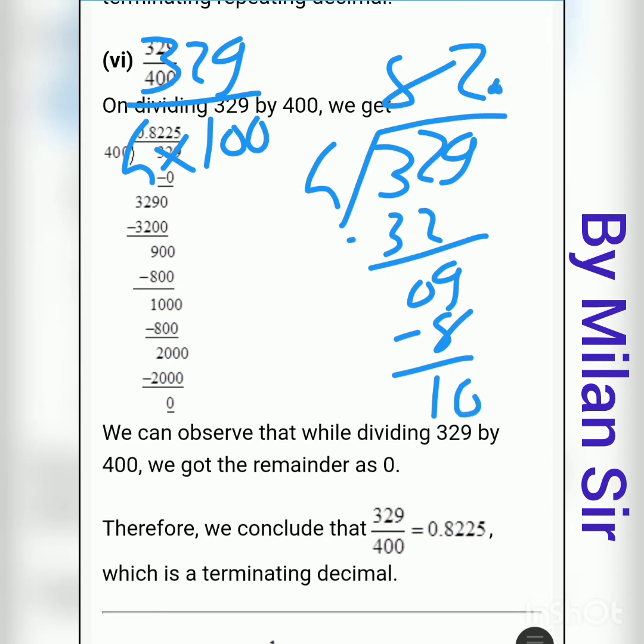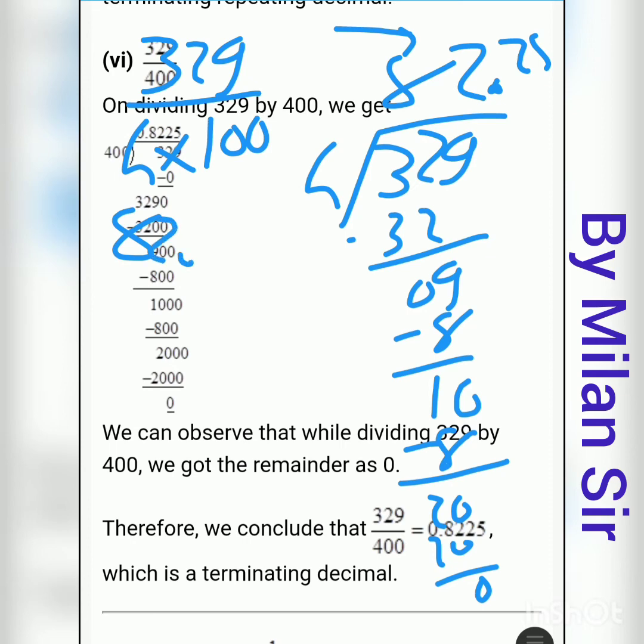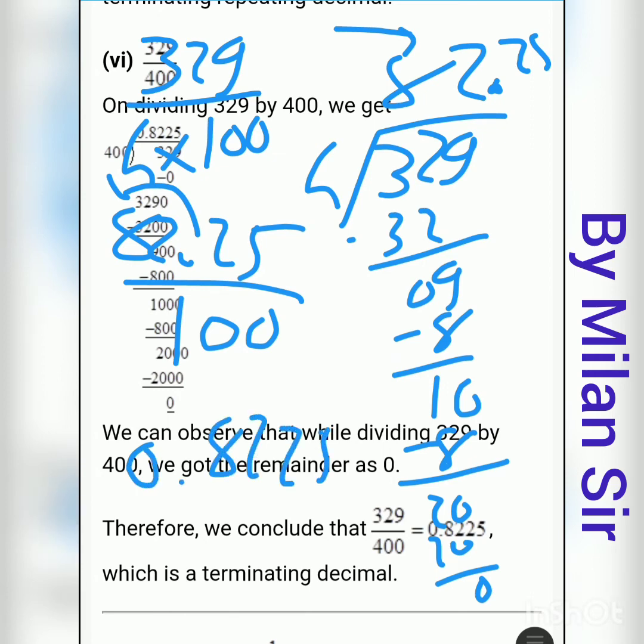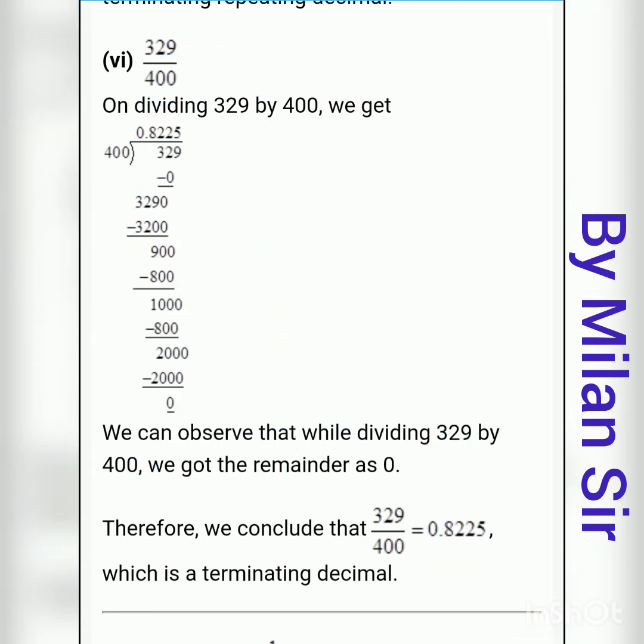So here we put 10. Now 10 divided by 4, 4 2s are 8. 10 minus 8, 2. Now we already put decimal point, so 0, 4 5s are 20. So answer is 82.25, but still division by 100 is pending. So we transfer this decimal point two digits left. Before that nothing is remaining, so 0.8225. Okay, this is the answer.